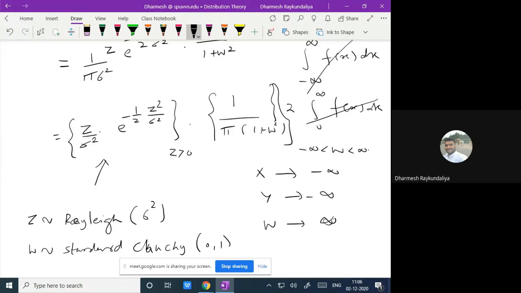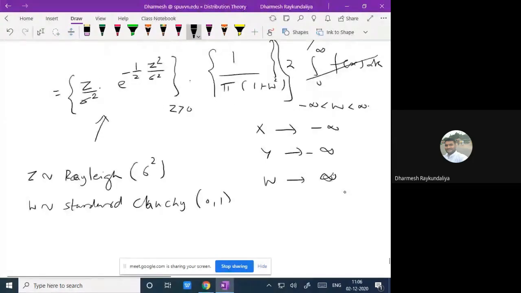Okay. So this is nothing but the standard Cauchy, and you can see that there is no connection between Z and W. So we can say Z and W are independently distributed.